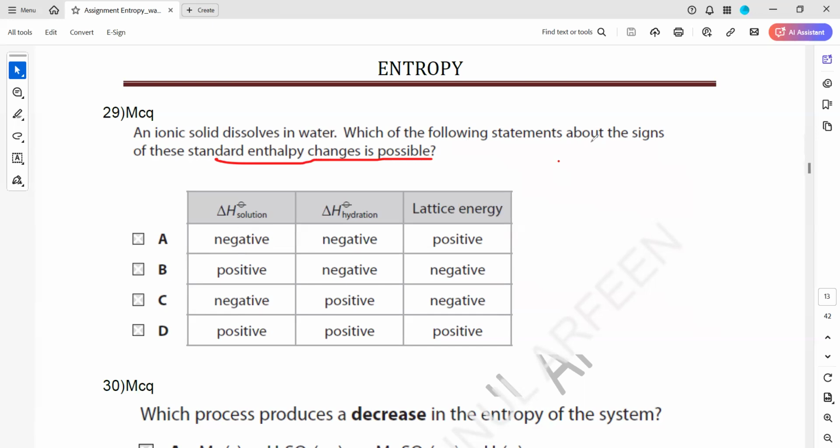We just need the sign. Enthalpy change of solution is hydration minus lattice. If hydration is negative and lattice energy is positive, this will always give a negative answer.